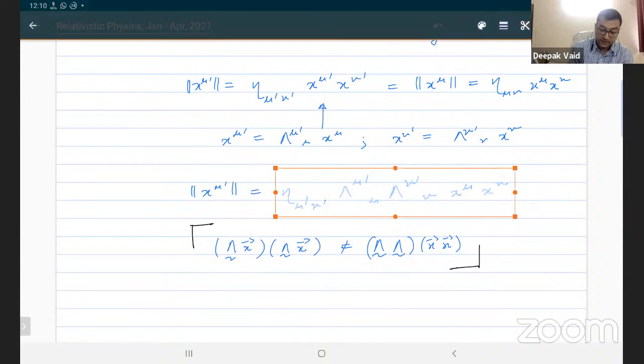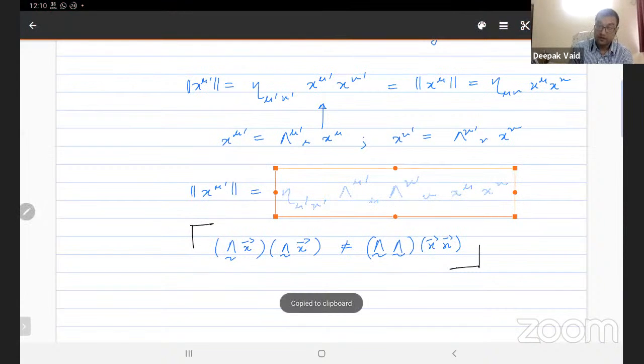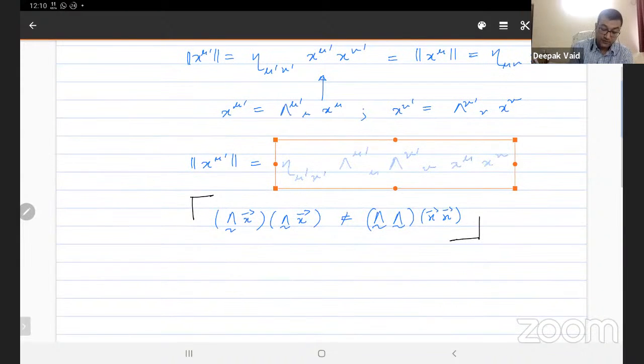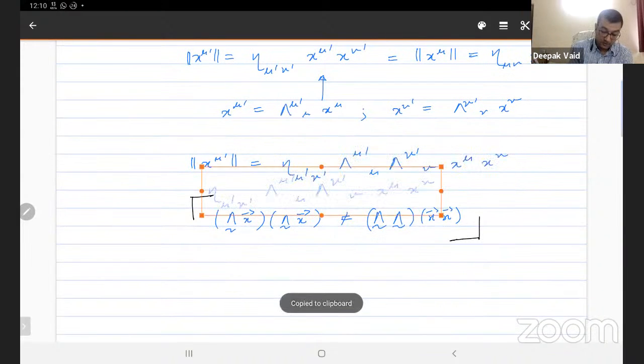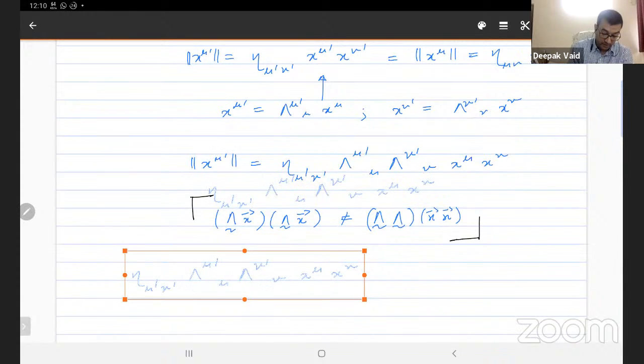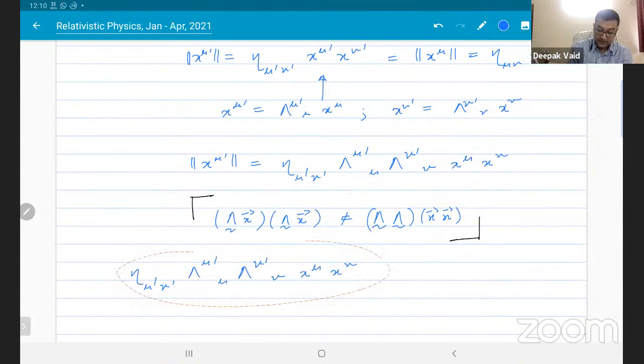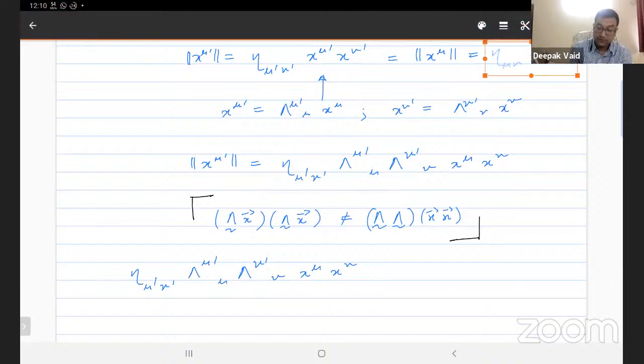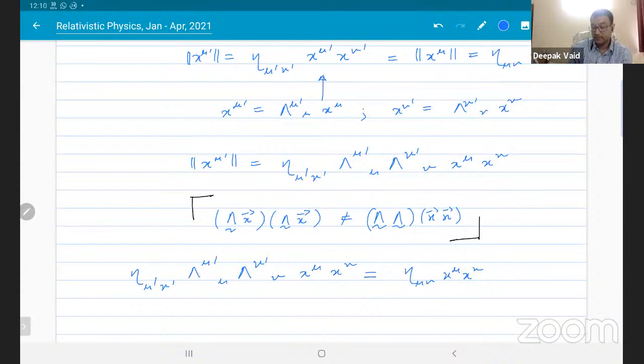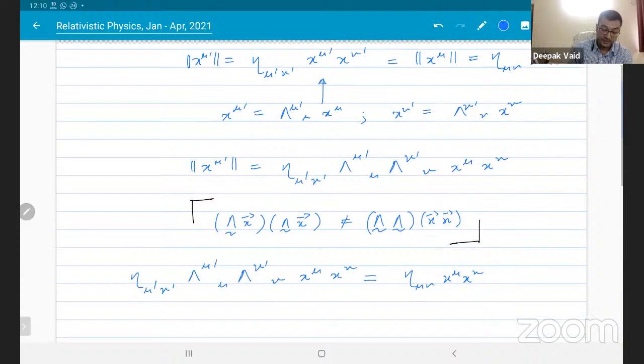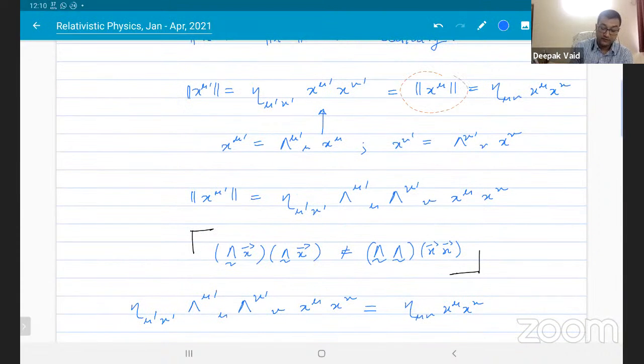Now this norm, this expression, has to be equal, according to my requirement, to this expression. That's the statement, that the length of the vector is not going to change. And again, I'm sorry, this should be a square and a square.